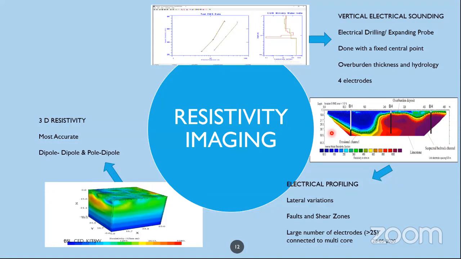When you go for 2D imaging, the Terameter automatically gives these values. This diagram is called a pseudo section. It gives a more clear and elaborate diagram. Nothing to compute and no need to make any iterations. It itself will give the RMS value.